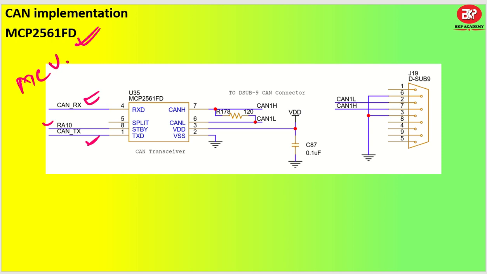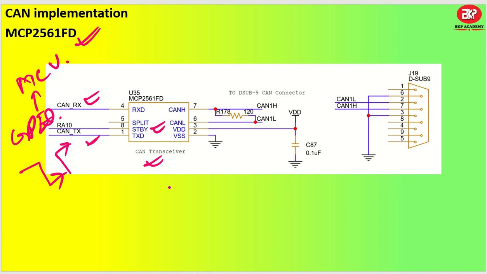And this is RA10, one of the GPIO, general purpose input output pins of your MCU, which is connected to the standby pin. It will be low for normal operation, and whenever we want standby, we make this GPIO high so that it doesn't consume any power or current.